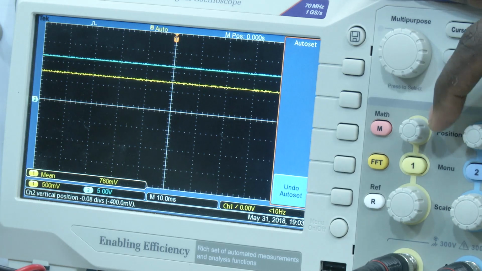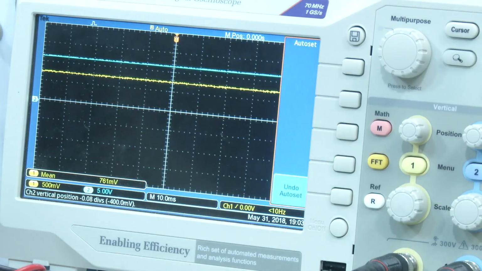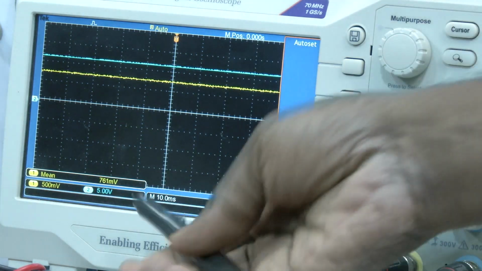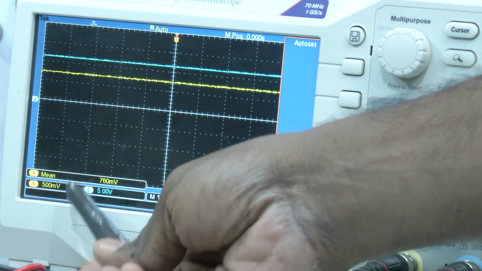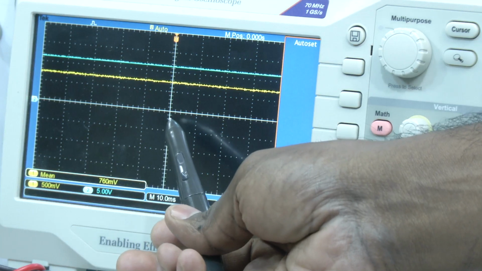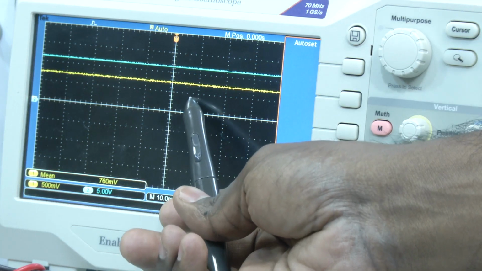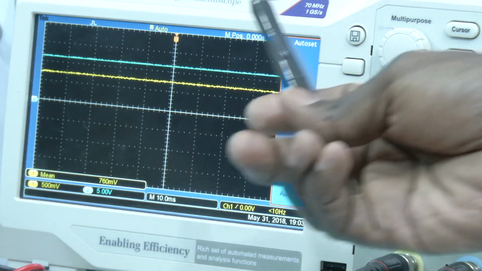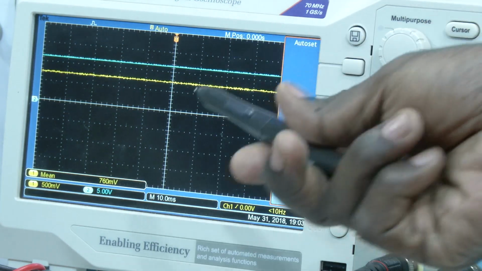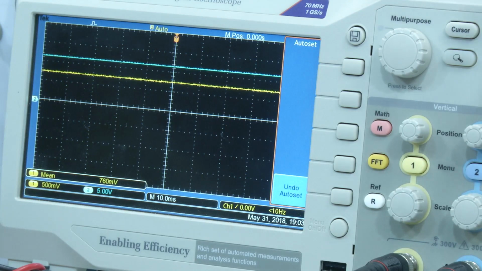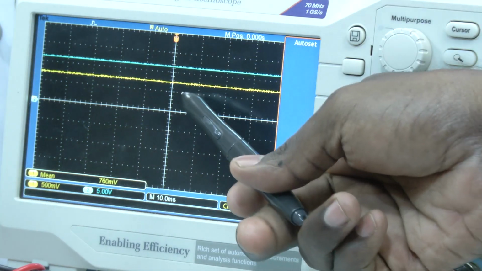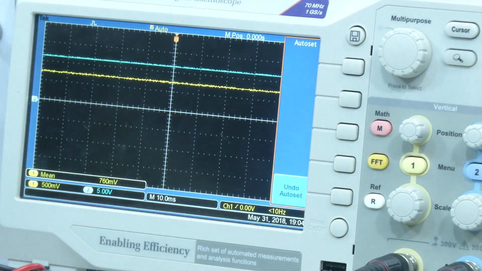The blue one is 5 volts per box, and the yellow one is 500 millivolts. The blue, which is the output, is somewhere around 12 point something, so it is already at positive VCC. What about the capacitor voltage? It is somewhere around 700 millivolts.